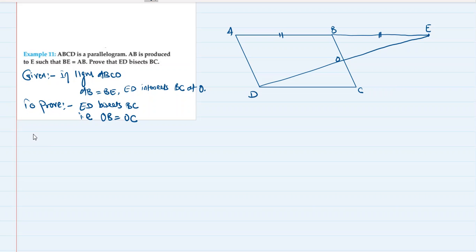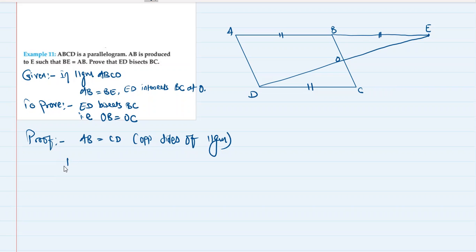Now see this. AB is equal to CD, opposite sides of a parallelogram. And we can consider triangle BOE and triangle DOC now.